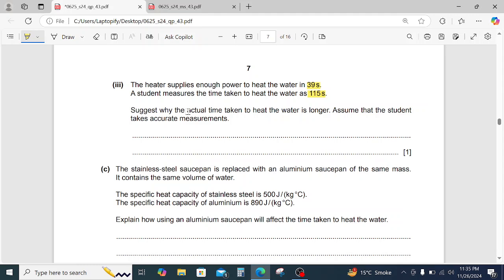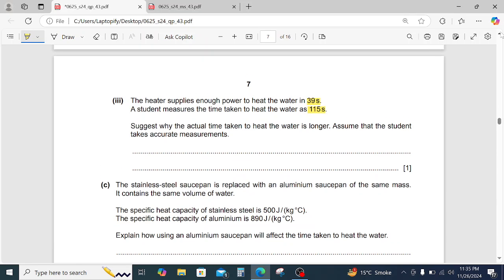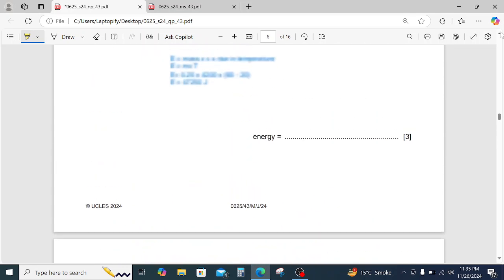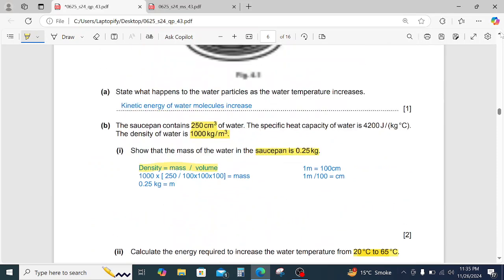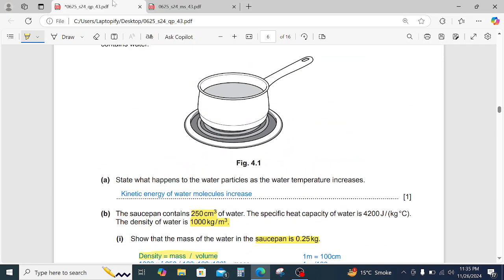So what is the reason? Why do we practically require more time than the calculated 39 seconds? When you are heating up the water in the saucepan, first of all, heat energy is transferred to the saucepan. Some energy is wasted to heat up the saucepan metal.